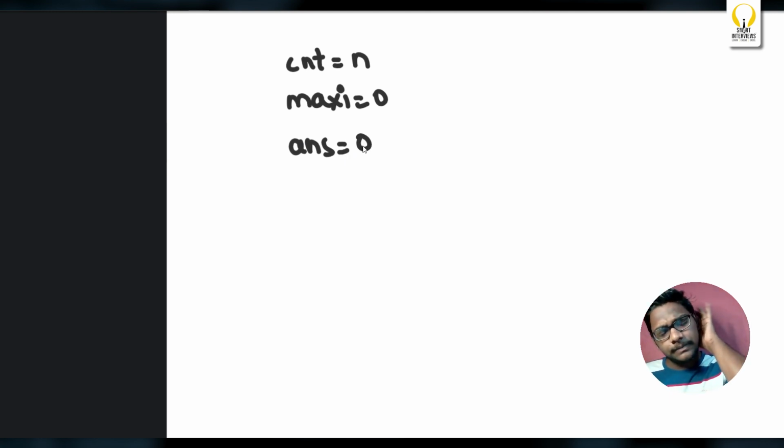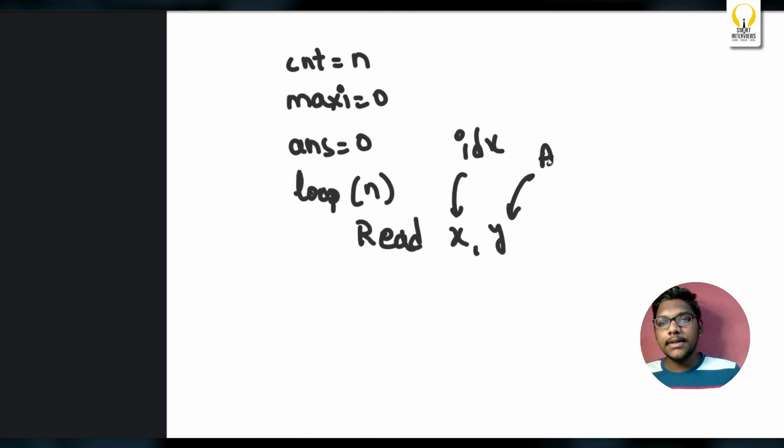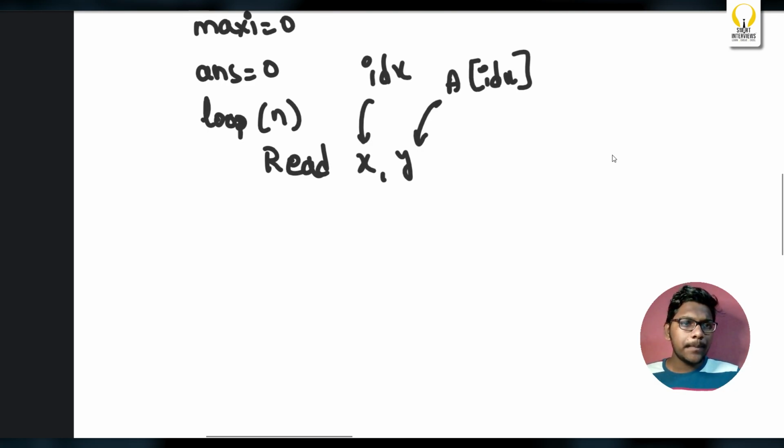Now I'll loop over and read x comma y. That x comma y is nothing but this is pointing to the index, and this is the value which we are placing. This is nothing but array of index. Now, what's the next step?